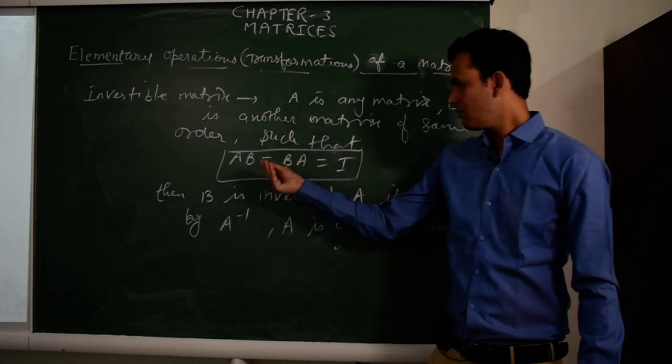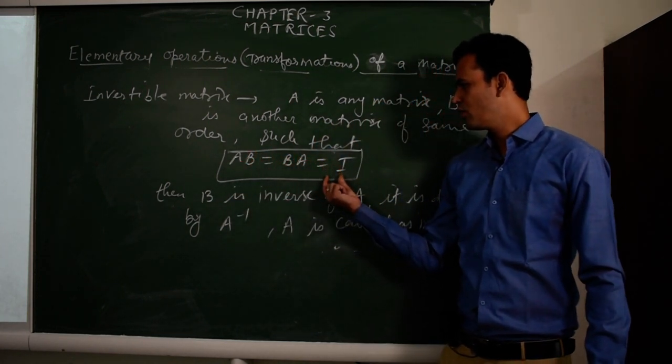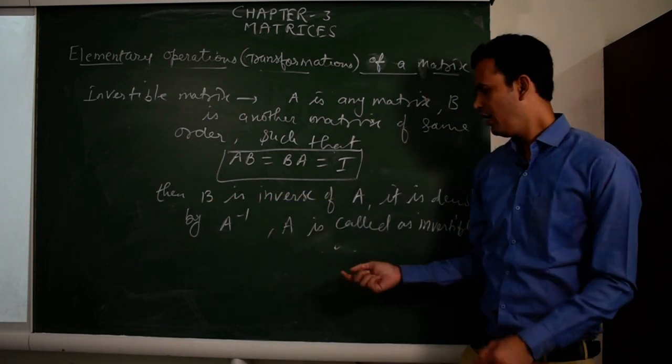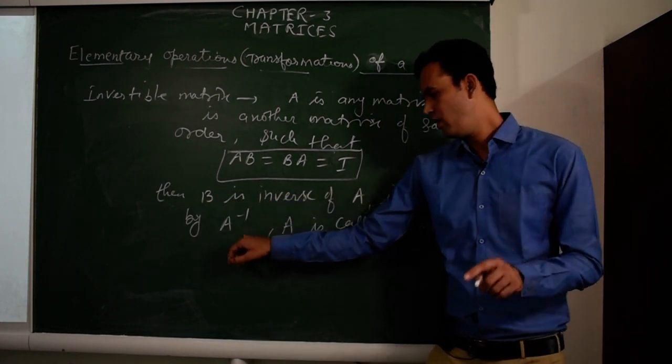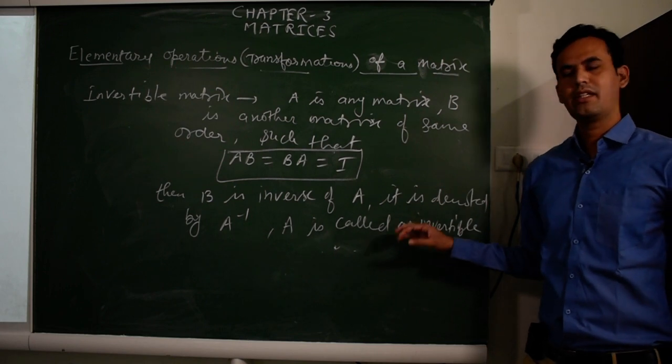It means if AB equals BA equals I, then B is called the inverse of A, written as A inverse, and A is called an invertible matrix.